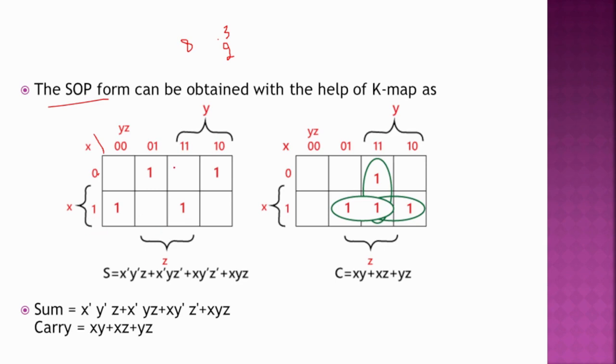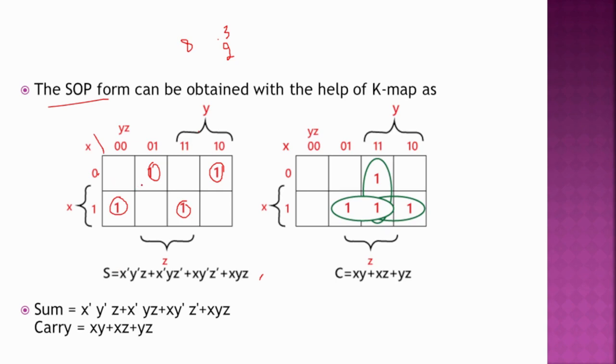Afterwards do the grouping. We can't do the grouping in diagonal position. That's why there will be 4 groups. So the first one is mentioned with this.